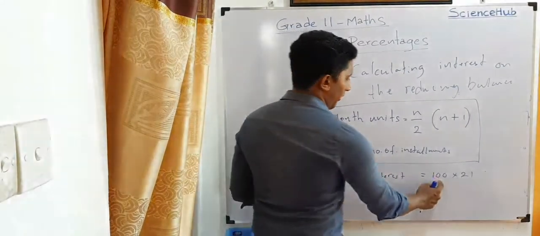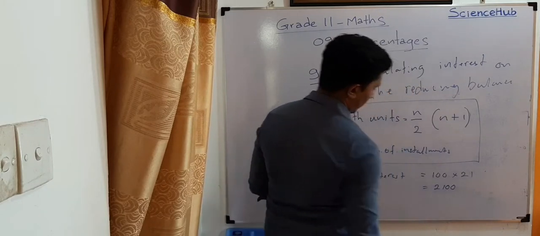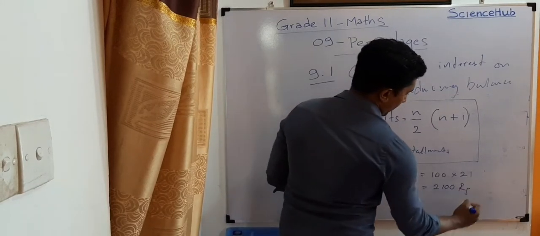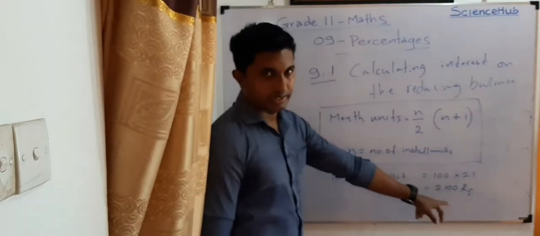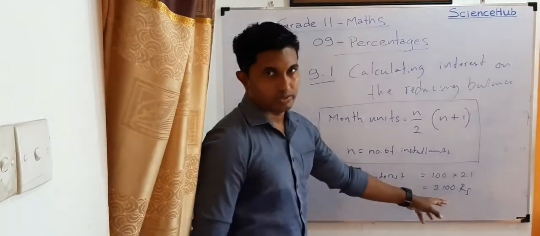Then 100 into 21 is 2,100 rupees. We have to add the units, that is compulsory, otherwise you will lose some marks.